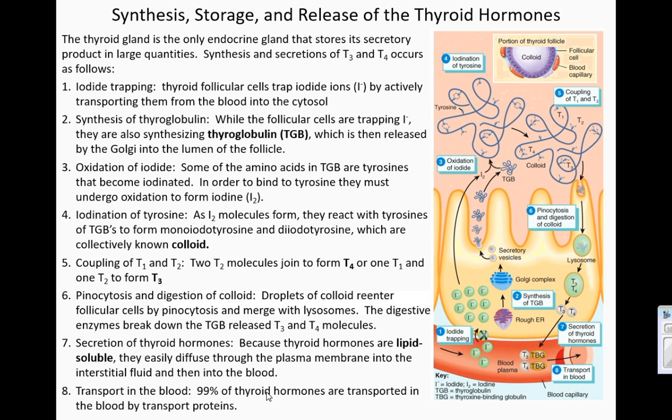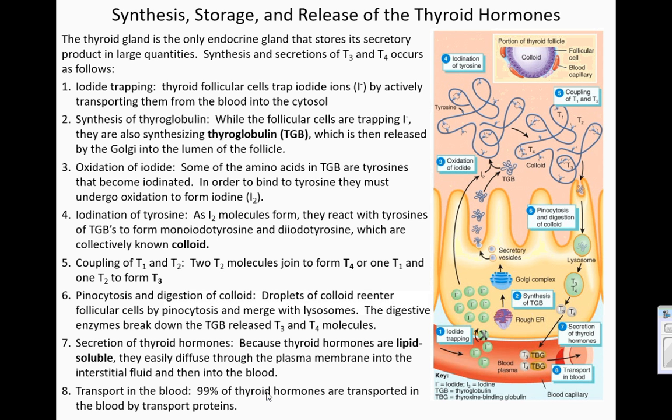Now, the production and release of thyroid hormones is a little bit unique because the thyroid gland actually stores its secretions in bulk. It's an 8-step process, as you can see over here on the right and on the left.